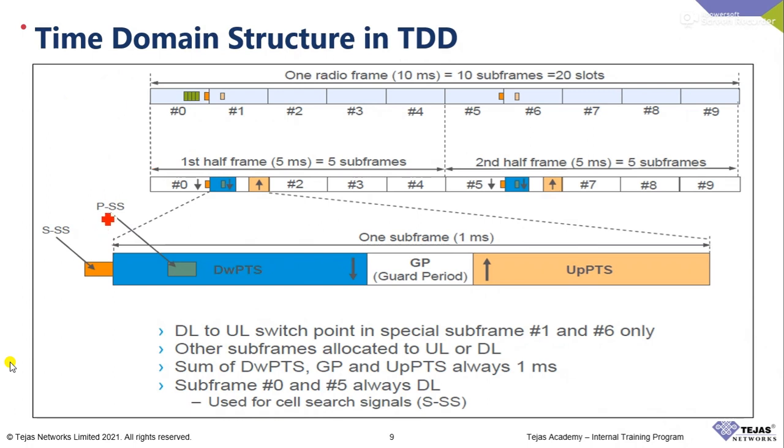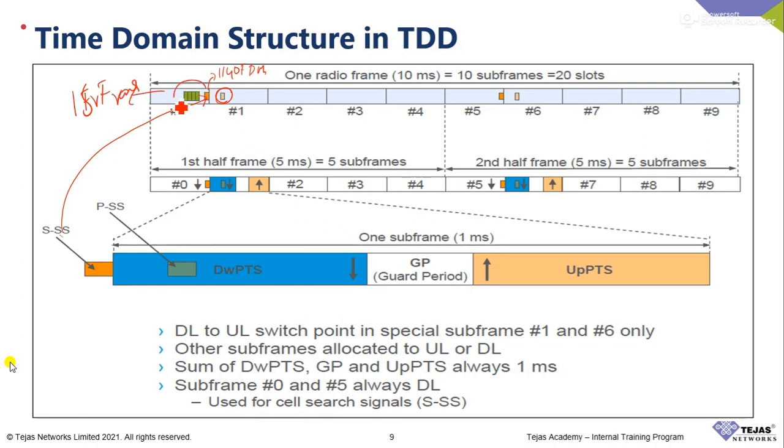Now, what about in TDD? In TDD, you can see here, PSS is coming somewhere here, in the first subframe. SSS, you can see here, is actually coming in the last slot, that is the 14th OFDM symbol of the first subframe, sorry, not frame, first subframe.